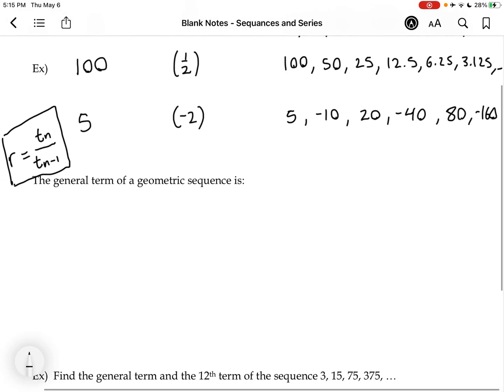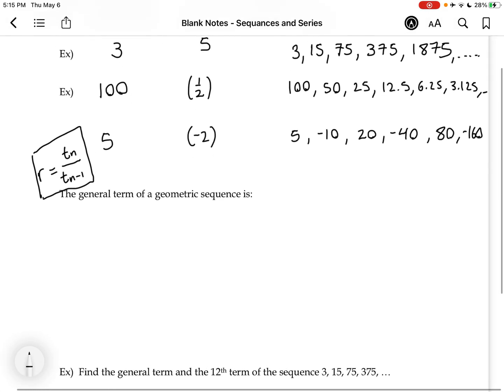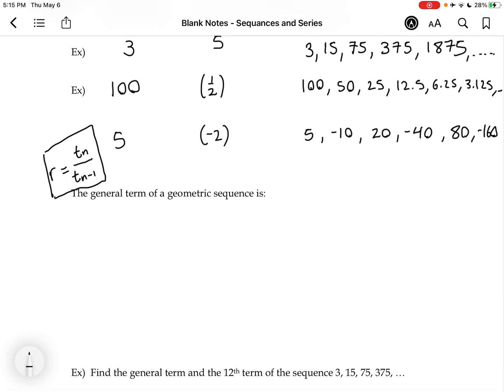Okay, so what we're going to do now is try to figure out the general term for a geometric sequence, just like we did with an arithmetic sequence. Okay, so let's take the example of the first sequence that we looked at, which was the 3, 15, 75, etc. Okay, and we've got T1, T2, T3, T4, and T5.